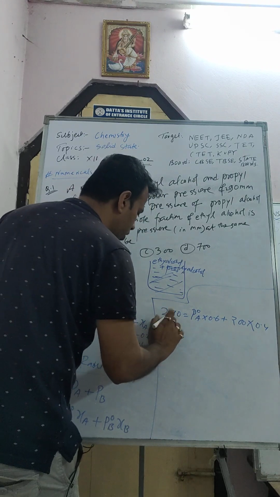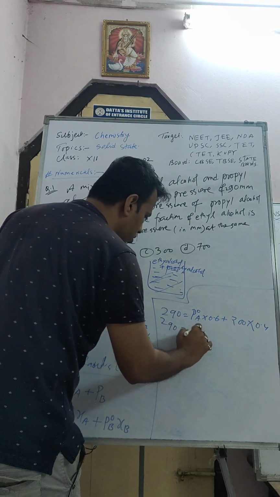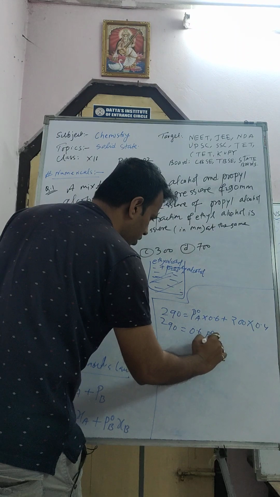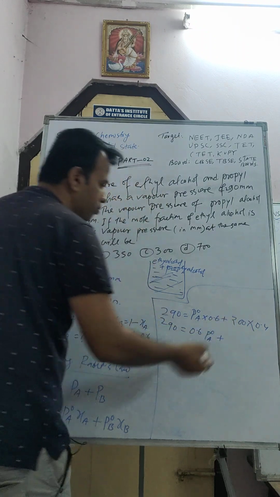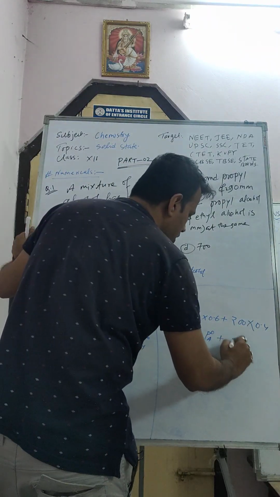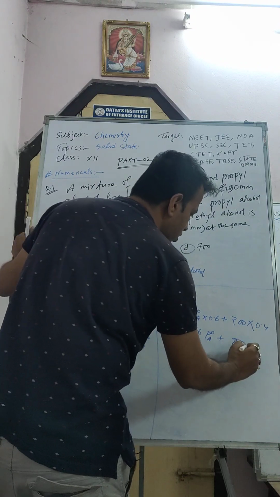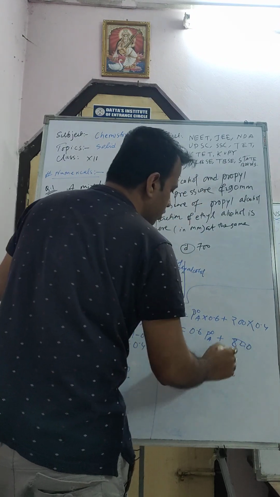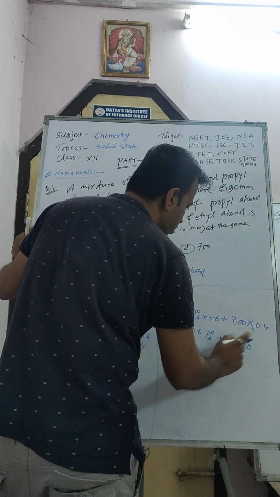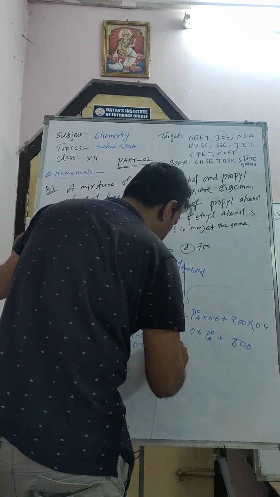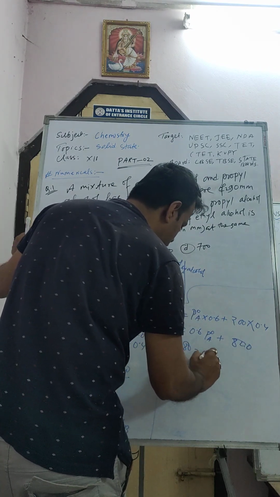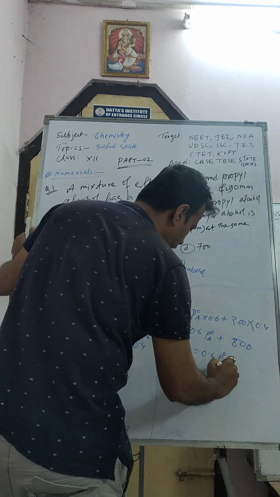So it will be 290 minus 80 equal to 0.6 into P0A.